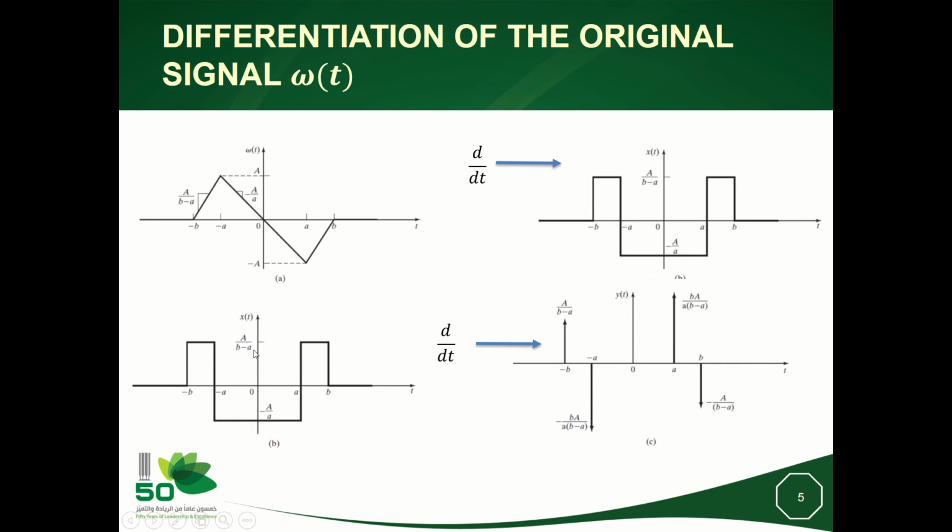It is A divided by b minus a plus A divided by lowercase a, which gives this value. When I jump from here to here, I have the same value but with positive sign. And at b, I have a jump down, a pulse of the same amplitude but in the opposite direction.